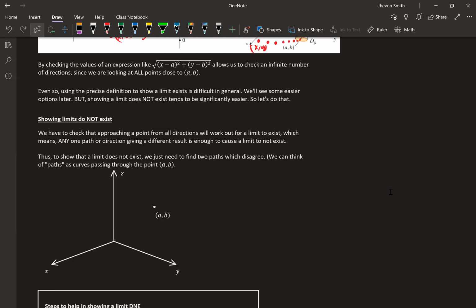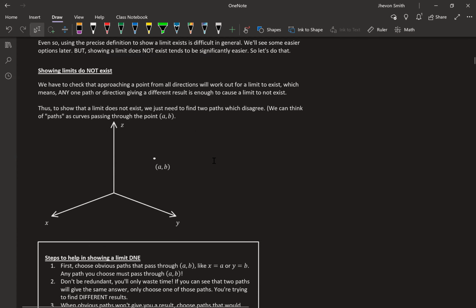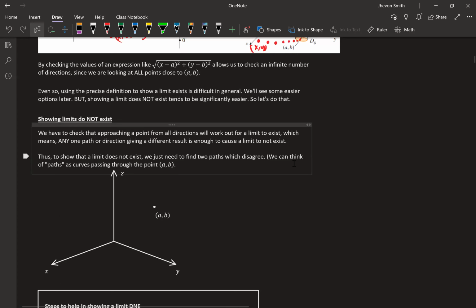In higher dimensions, this idea has to be taken on steroids. When you talk about directions in 3-space, like what we have here, there is no left and right anymore. You can approach the point (a, b) from a bunch of different places. I can come in from this direction here, boom, hit the point (a, b).